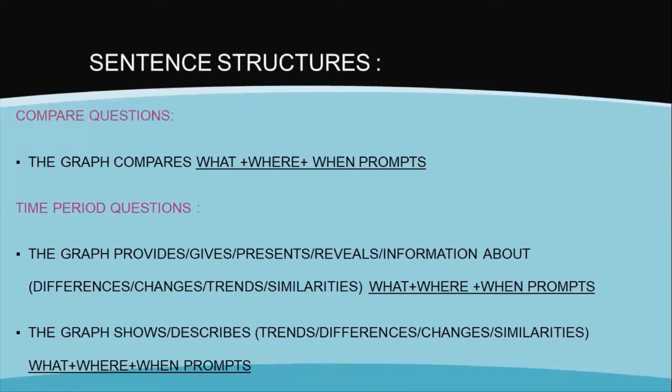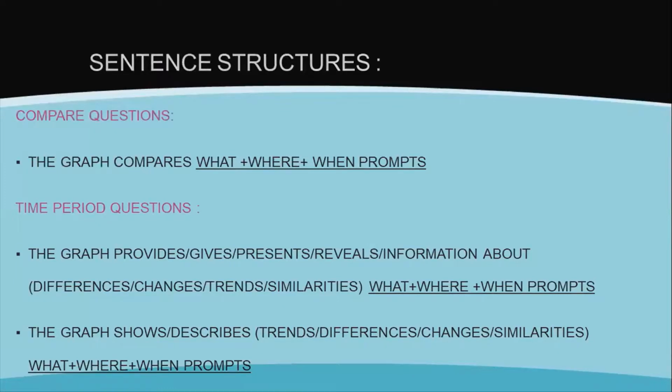So you can use the proportion of, or the population proportion of 3 different areas in India between 1990 to 2000. You can even use that. We will be dealing with when prompts in detail. Anyway, once you get the recording, write down the sentence structure and start practicing writing like that.